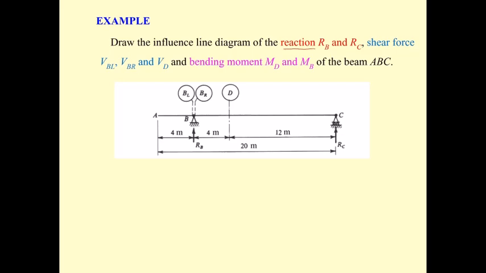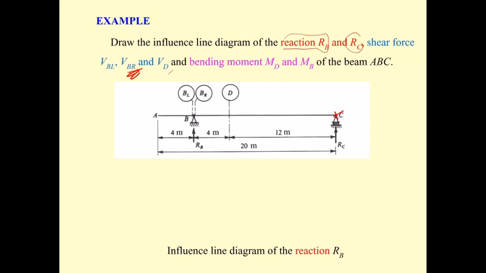One is the reaction R sub B, R sub C, and V sub BL, on the left of B, V sub BR, on the right of B, and V sub D here, and M sub D also, and also M sub B. Okay, let's start with the influence line diagram of the reaction at B. Let me illustrate this first. C is the same.